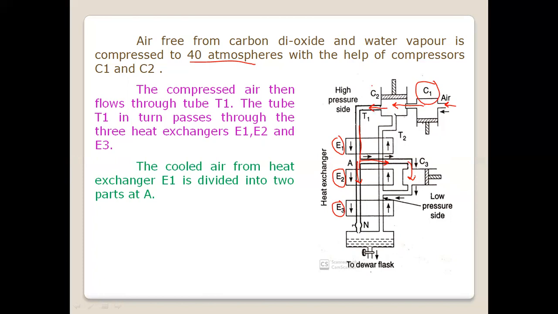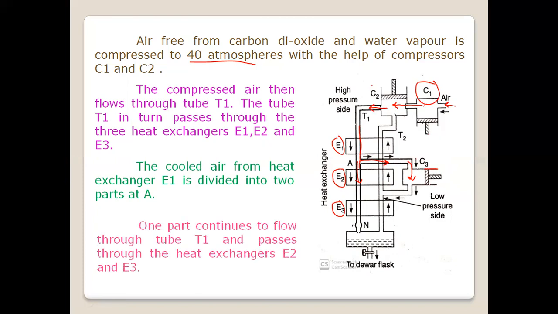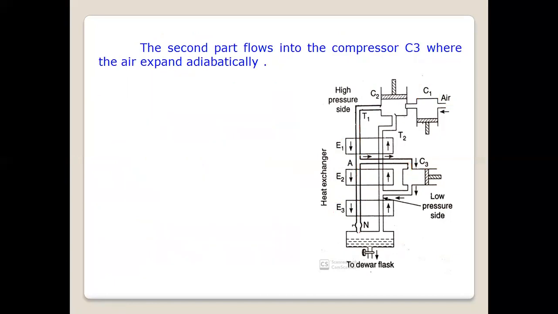In C3, adiabatic expansion occurs, where this piston is connected with the lubricant, petroleum ether. One part continues to flow through tube T1, passing through heat exchangers E2 and E3, and then through nozzle N, where Joule-Thomson expansion occurs, so its temperature decreases.